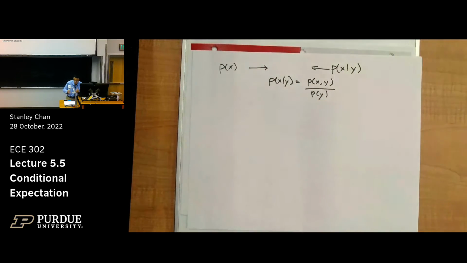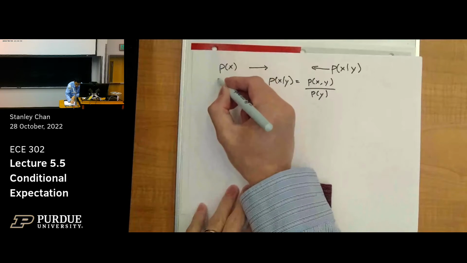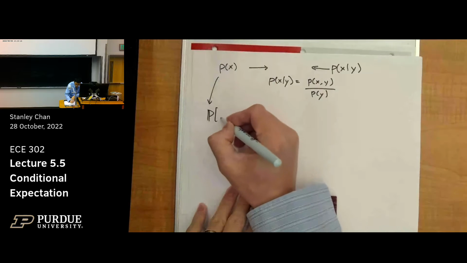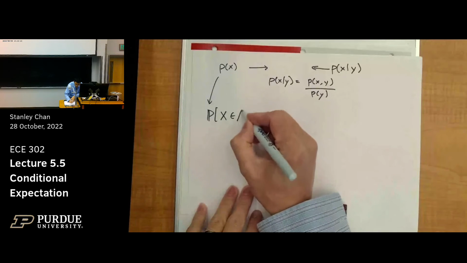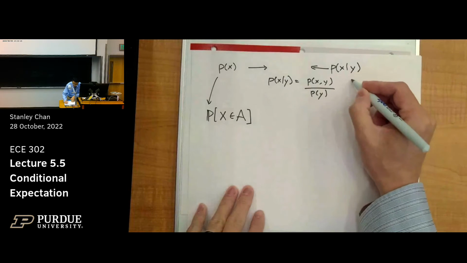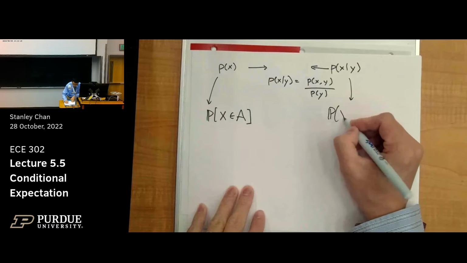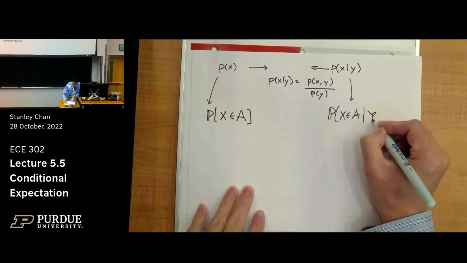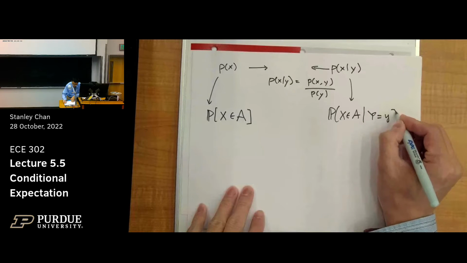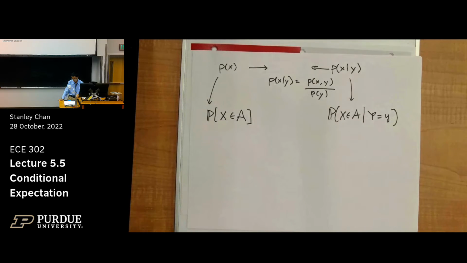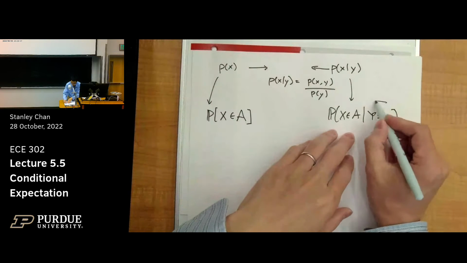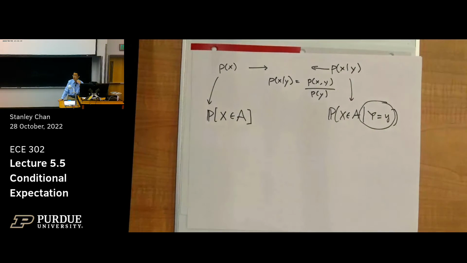Now, anything that you have done in the one-dimensional PDF or PMF can be done also on the conditional density. For example, you can calculate the probability of a random variable x inside the set A given that the random variable y equals small y. So what you have added is this condition, that y is on a certain event.